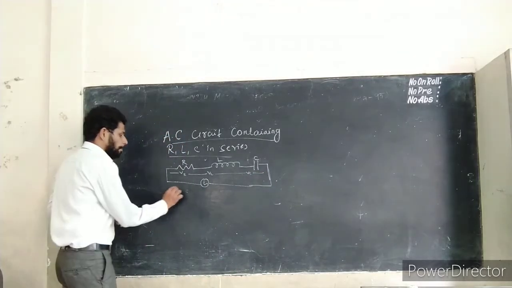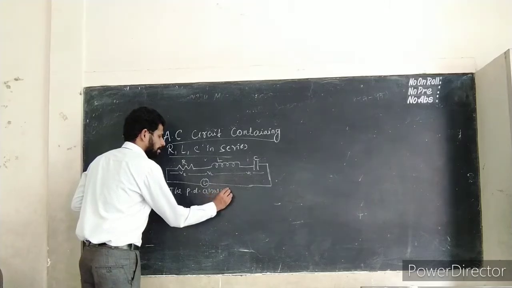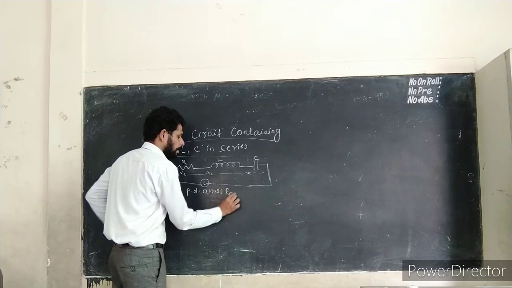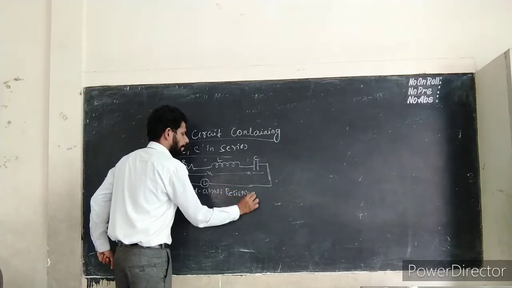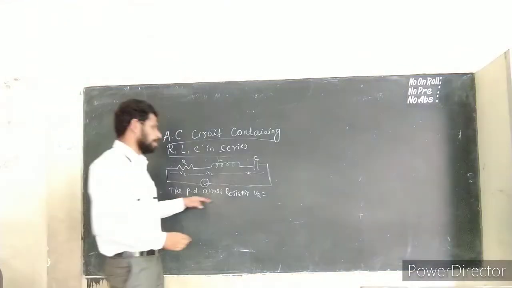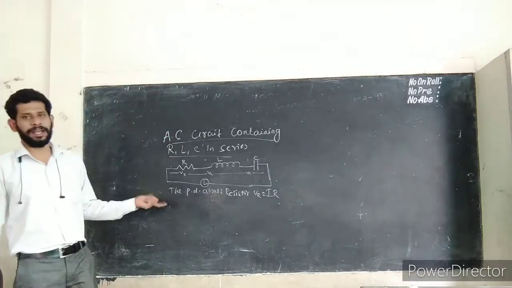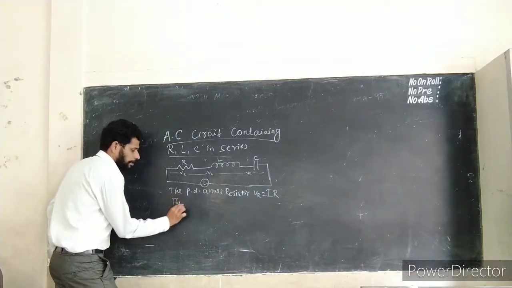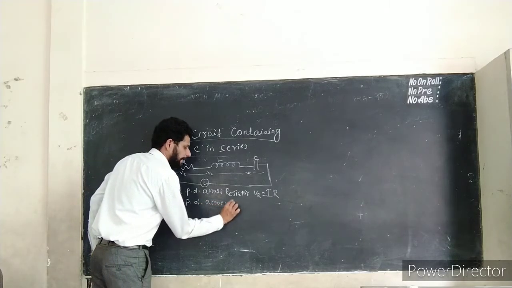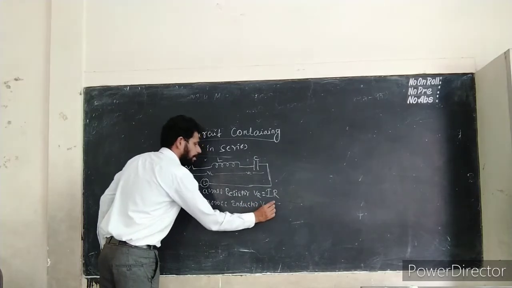Now the potential difference across VR, that means across the resistor, VR will be equal to IR, where I is the maximum current.